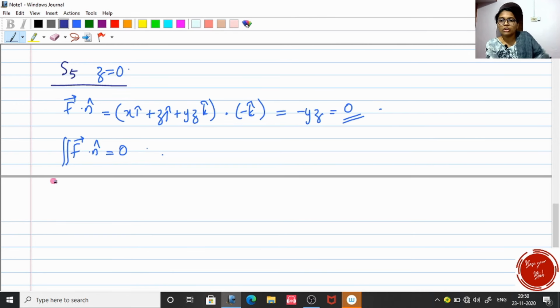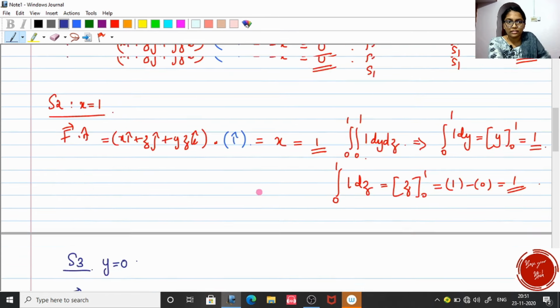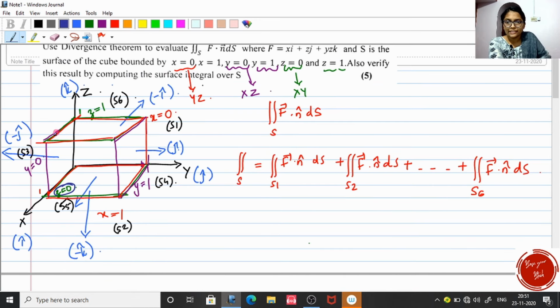Okay. Moving on to the final surface S6, which is the surface z equal to 1. There you can see that the vector perpendicular to z equal to 1 is k cap. So z equal to 1 and the unit vector is k cap.